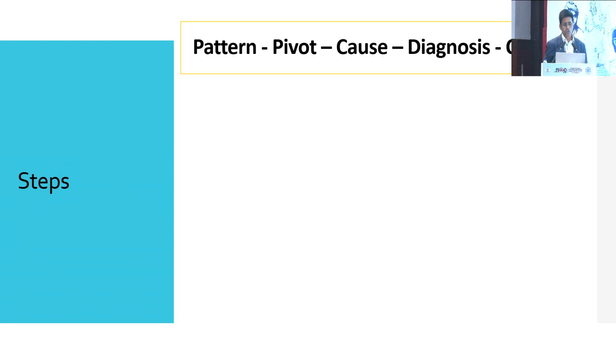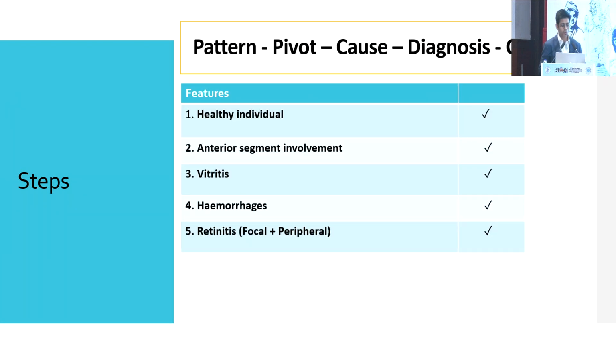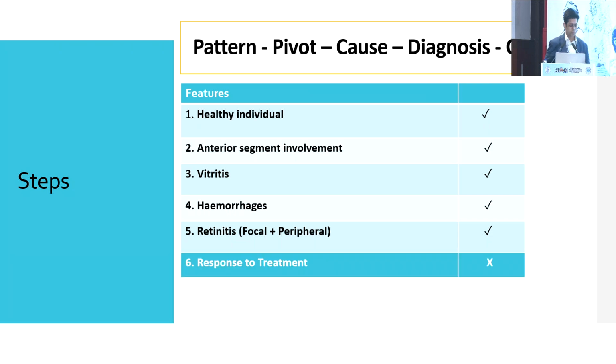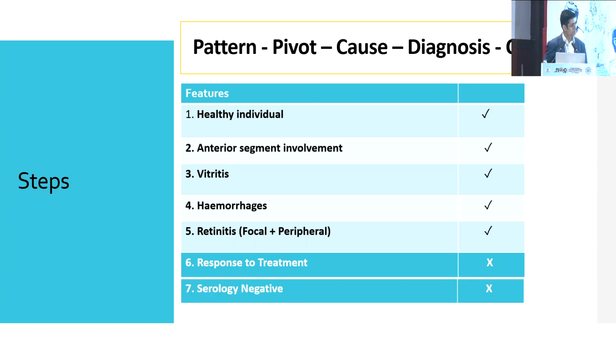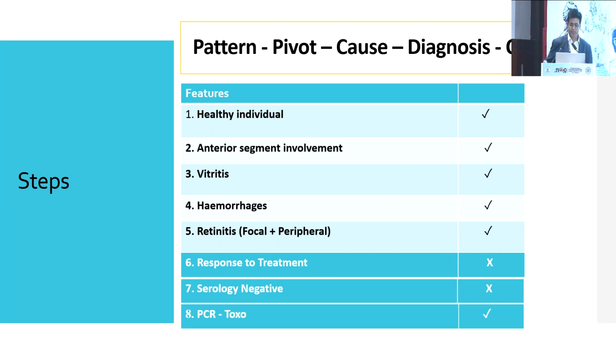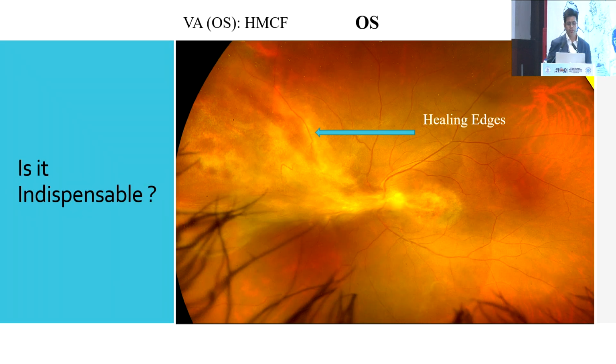According to the findings, we thought it was probably viral because of the peripheral involvement and the hemorrhages, and we started antivirals, but the response was not there. So we moved ahead with serology, and that was also negative. Then we did a PCR, and it came out to be toxo. When we treated, you could see healing edges and pigmentary changes.